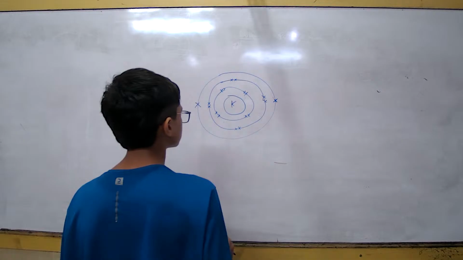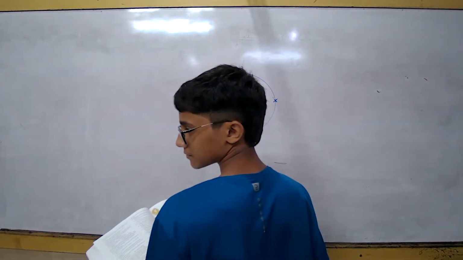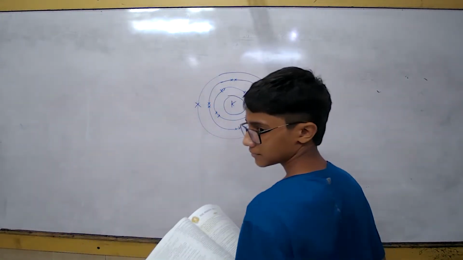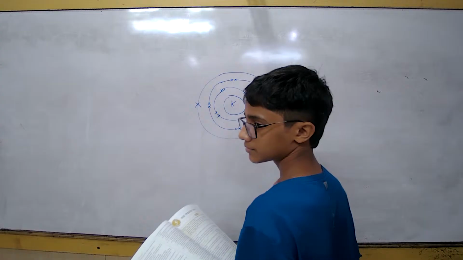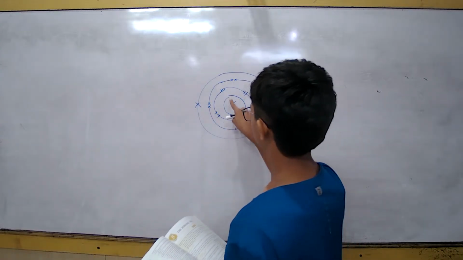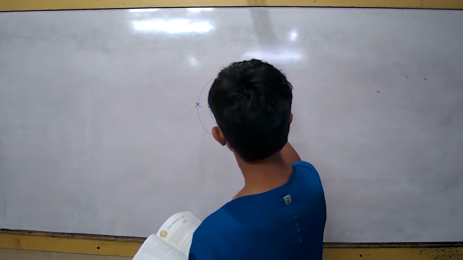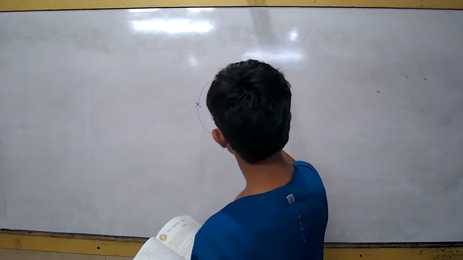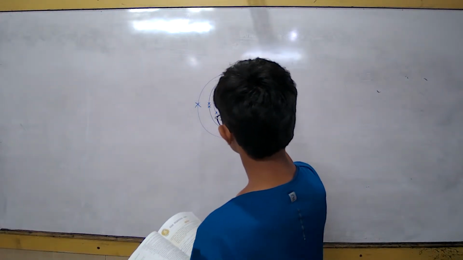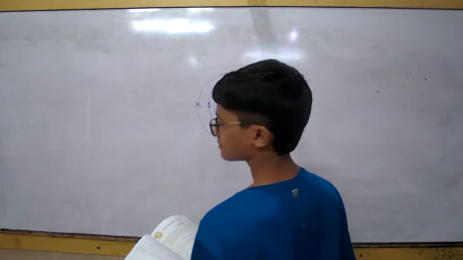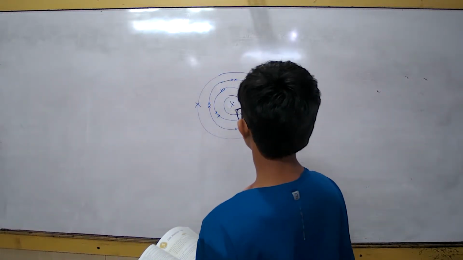Has 2 electrons in the end shell. It forms a bond with Y, which has 7 electrons in the third orbit. Which one have you done now? X. It has 2 electrons in the M shell.